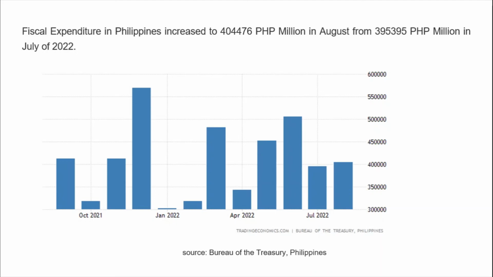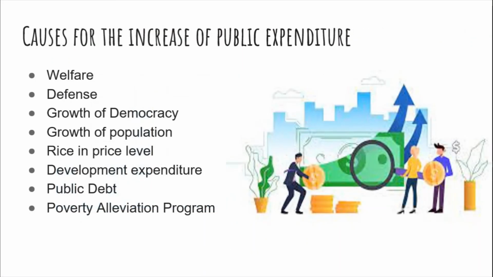So, there are causes for the increase of expenditure kasi. So, number one dyan is the welfare. Yan. So, the government have to create and undertake employment opportunities, social security measures, and other welfare activities. So, these require enormous expenditure.